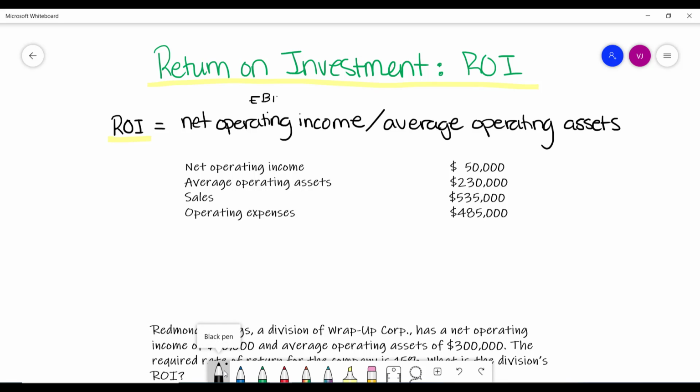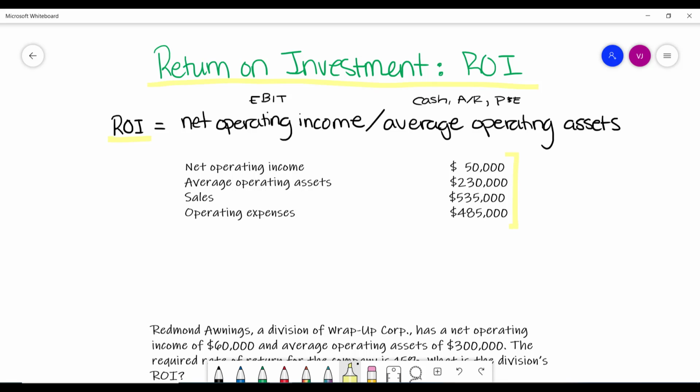And your average operating assets include things like your cash, your accounts receivable, plant and equipment, and any other productive assets.